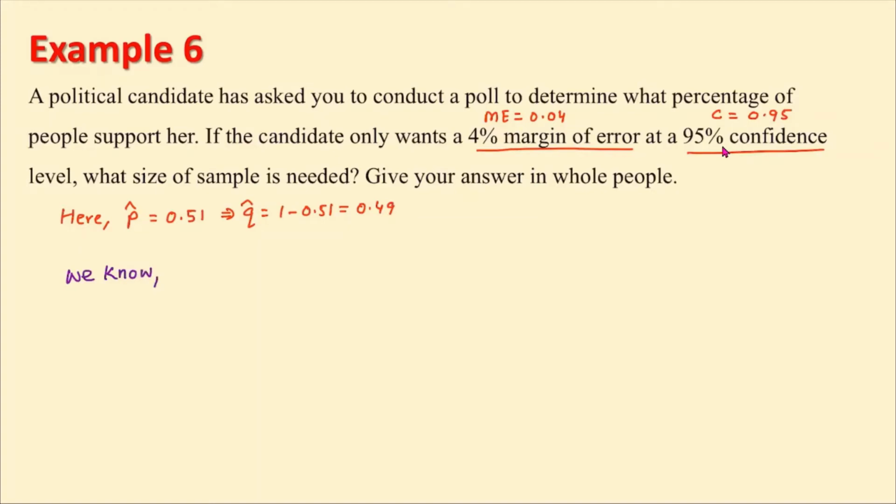We know the sample size N is equal to P hat multiplied to Q hat multiplied to Z critical over the margin of error squared. So if you look here, what we need to determine that sample size is we need P hat, which is 0.51. We need Q hat, which is 0.49. Margin of error 0.04. But Z critical, we don't have Z critical. So we need to first find the Z critical at this 95% confidence level.